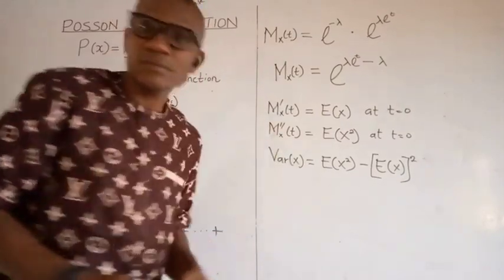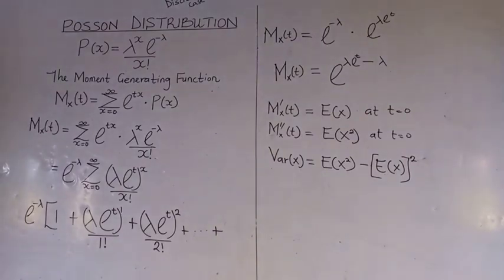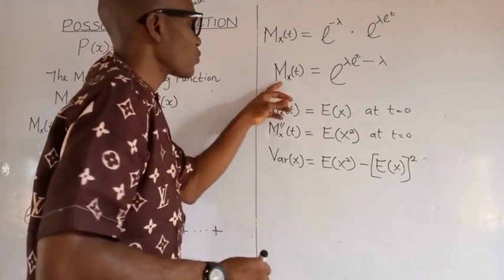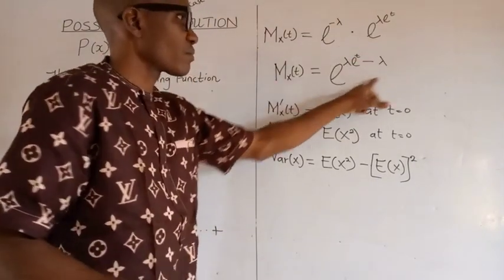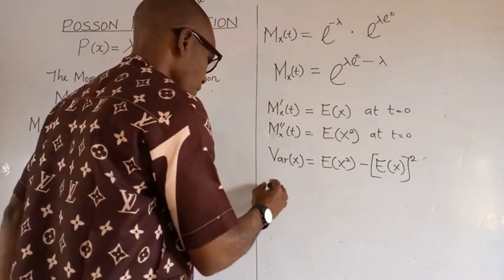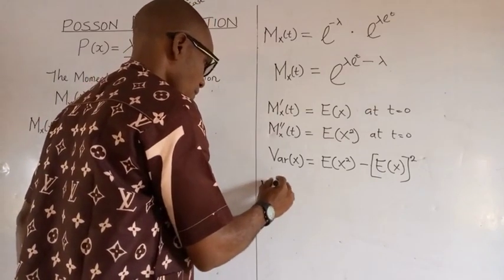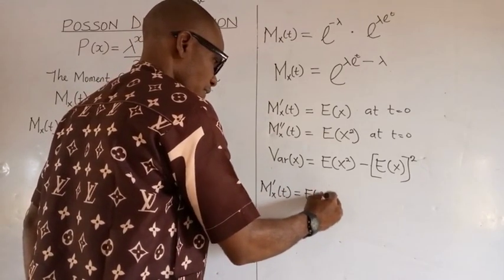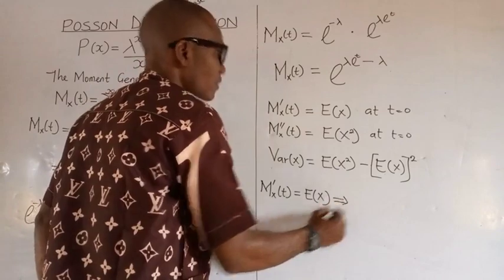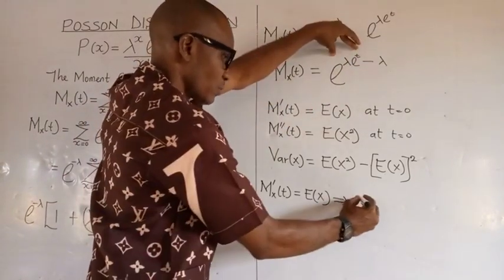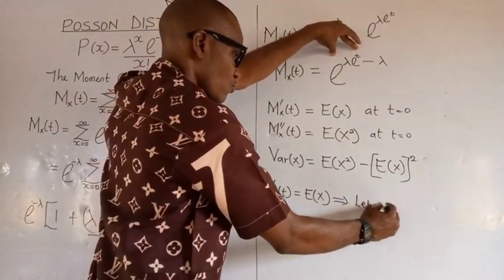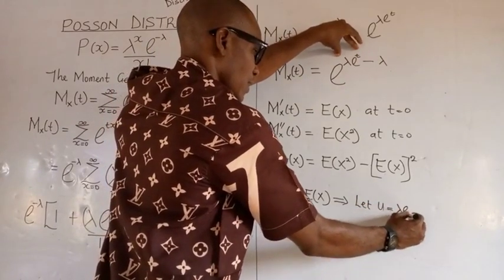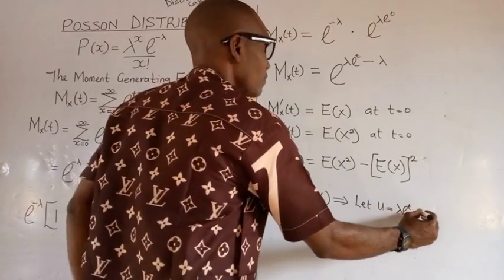How do we go about that? For us to get the first moment, we have to differentiate this function. So the first moment, which is also the expected value of x, implies that for us to differentiate this, we say let u be equal to λ e^t minus λ.